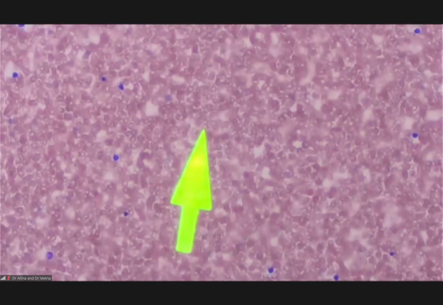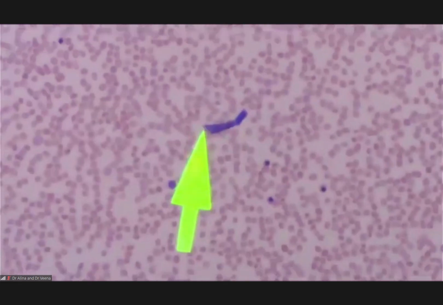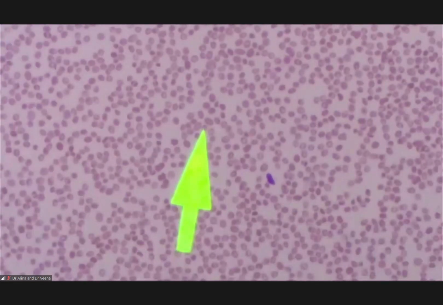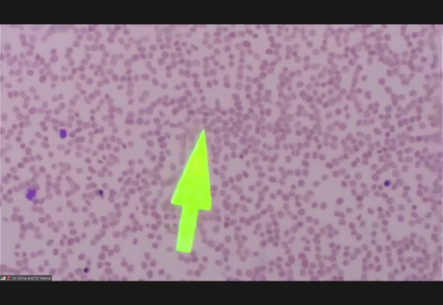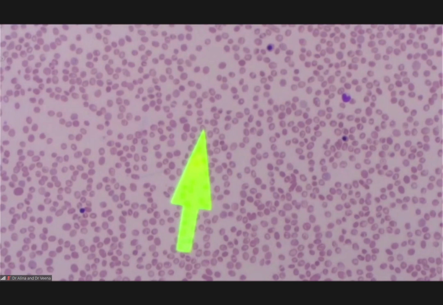Next case. Next case is a 44-year-old man with underlying thalassemia and a history of lymphoma post-chemotherapy. So this FBP is to rule out relapse of lymphoma. Okay. Just in this field, we can see 3 nucleated red blood cells.